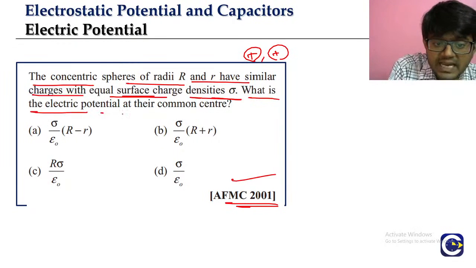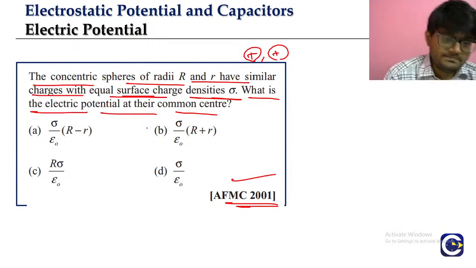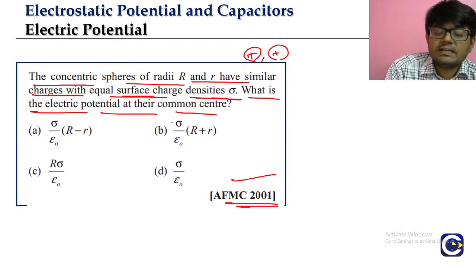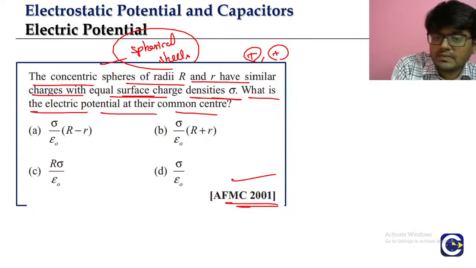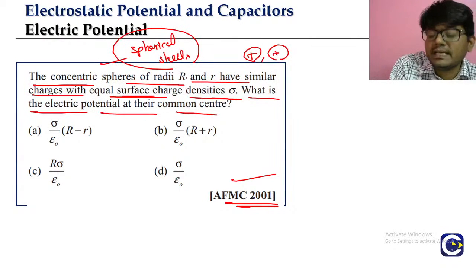What is the electric potential at their common center? When they say surface charge density, what do you have to take? These are basically spherical shells. So, two concentric spheres.